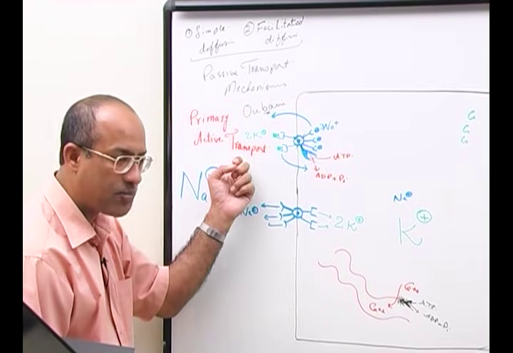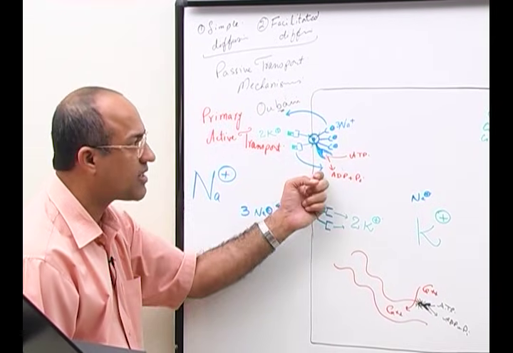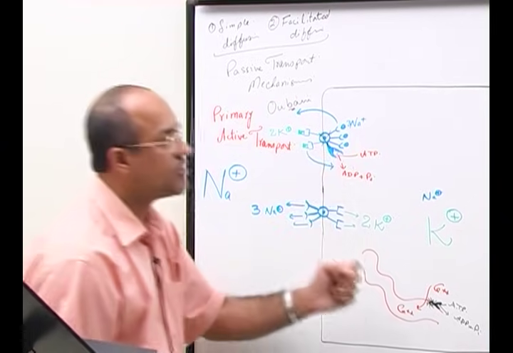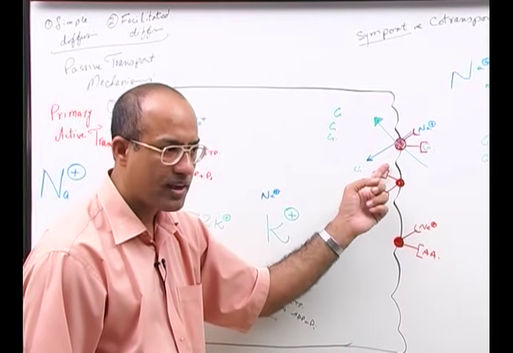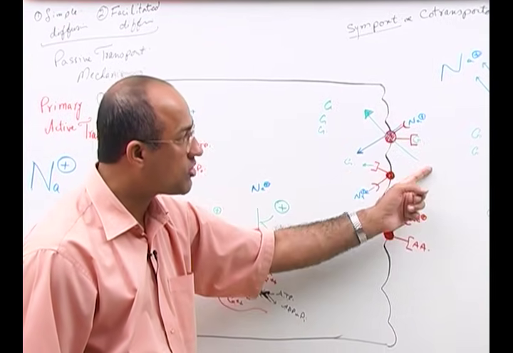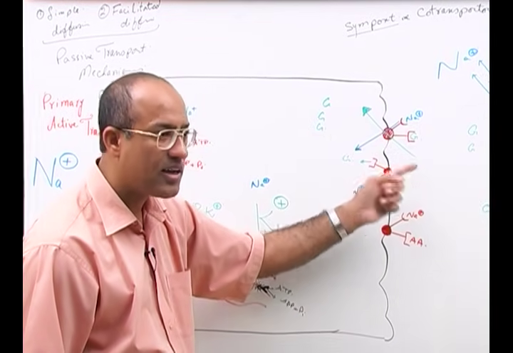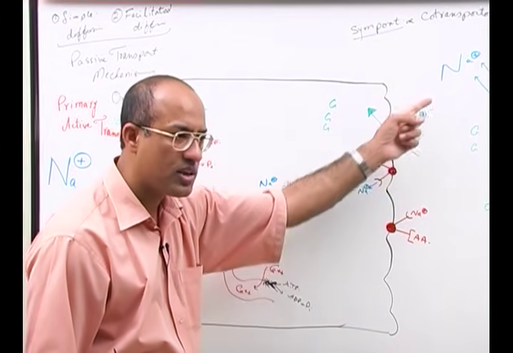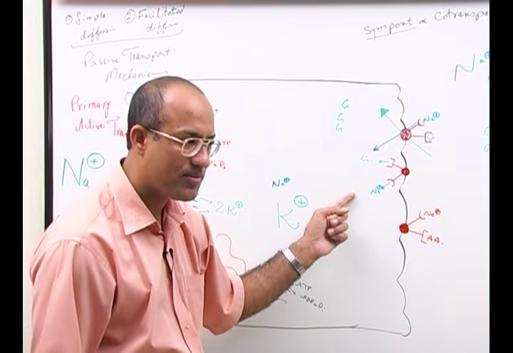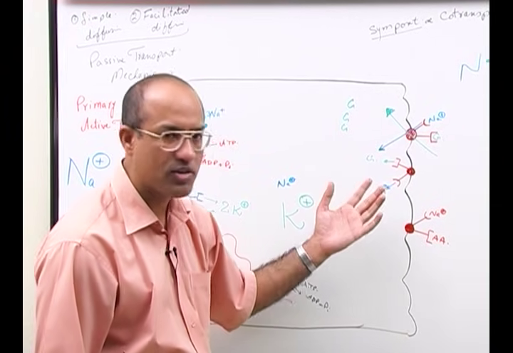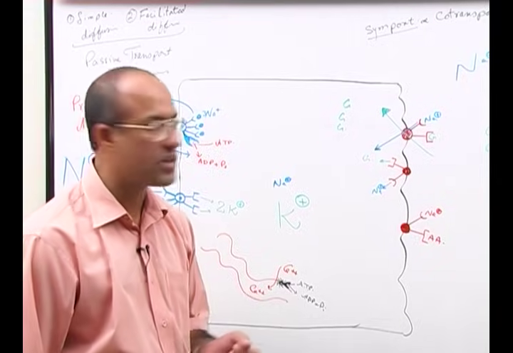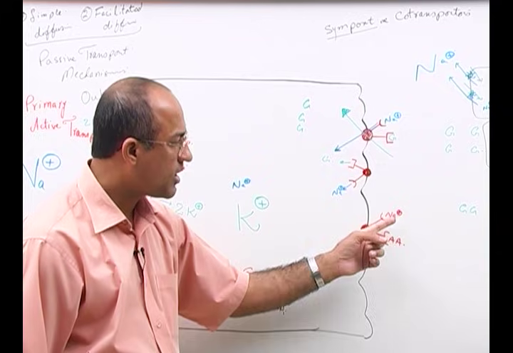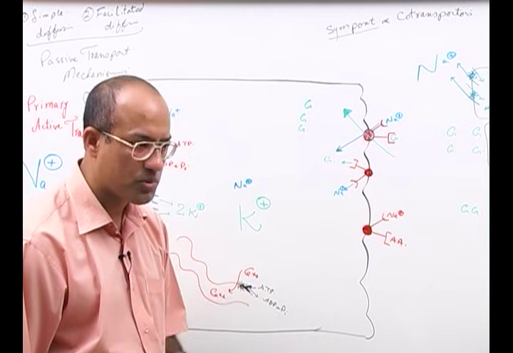In primary active transport, the transporting mechanisms are utilizing the ATP directly at the site of the transporting mechanism. In secondary active transport, substances are moved from low concentration to high concentration, but they are transported in association with another molecule which is going down the concentration gradient. The classical example of secondary active transport is glucose, sodium co-transportation, or sodium and amino acid co-transportation.